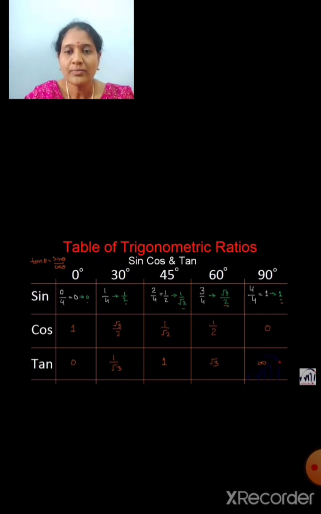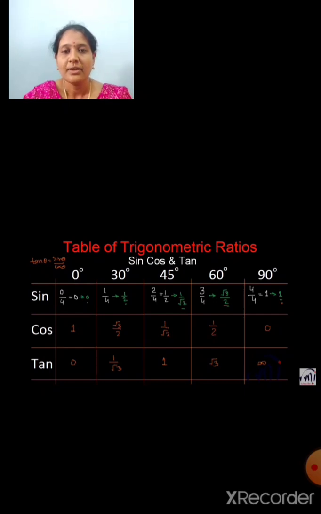So now for the second, 30 degrees, sin 30 is 1 by 2, cos 30 is root 3 by 2. Divide them, the 2s cancel. Remaining is 1 by root 3. Then tan 45. Sin 45 value and cos 45 value are equal. So if the numerator and denominator are equal, the answer is 1.